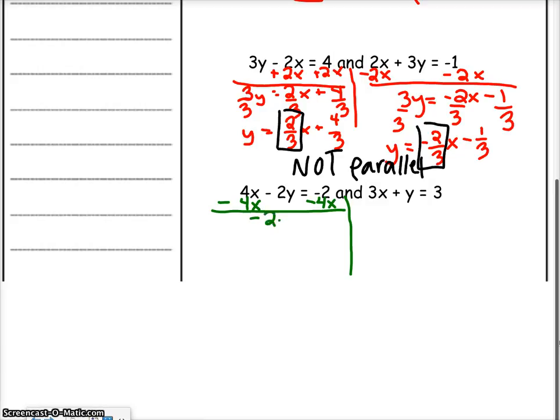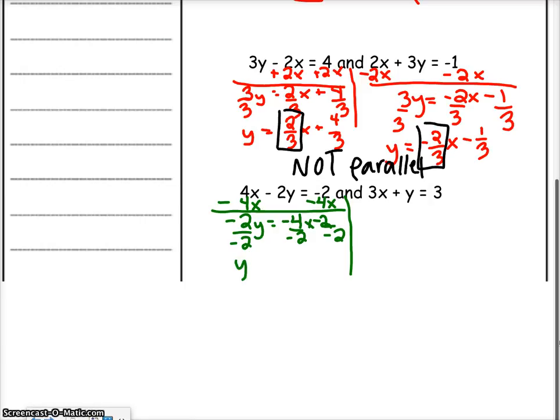You get negative 2y equals negative 4x minus 2. Divide by negative 2. Getting a little tricky with these negatives now.